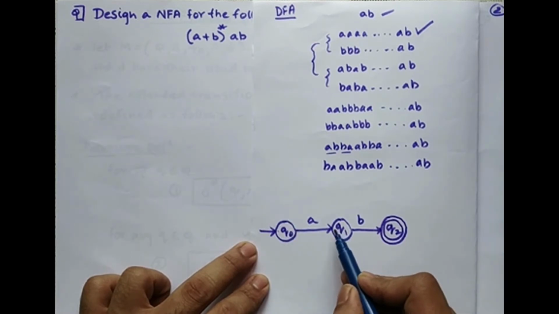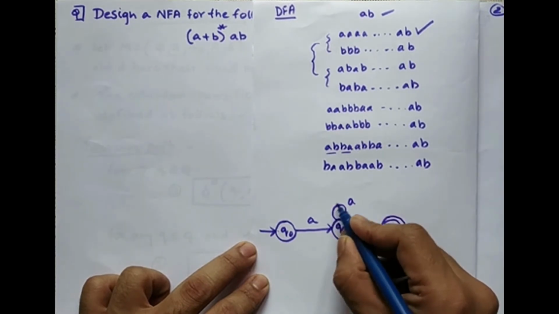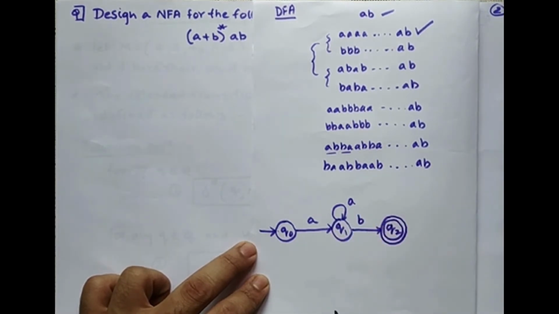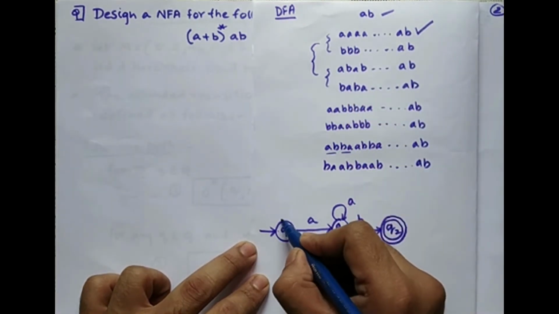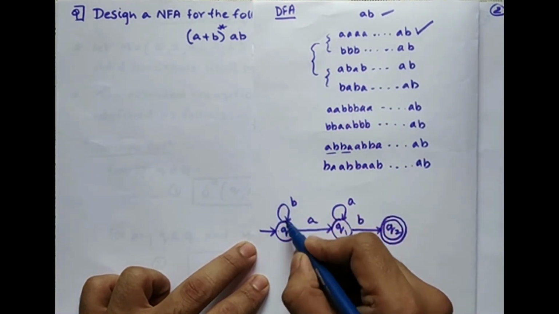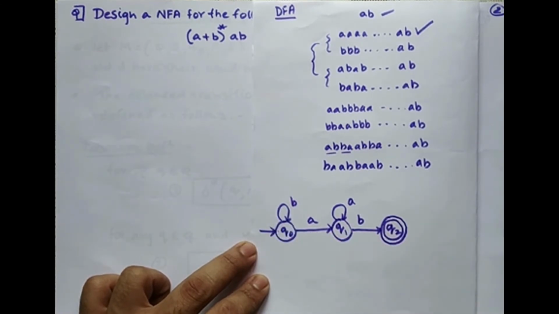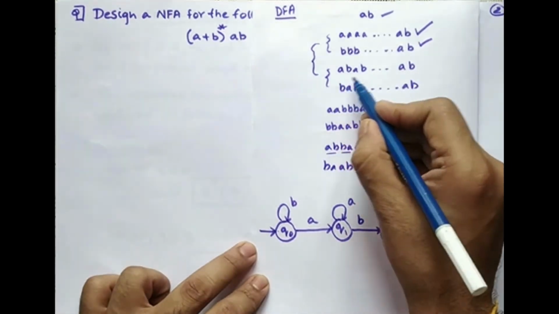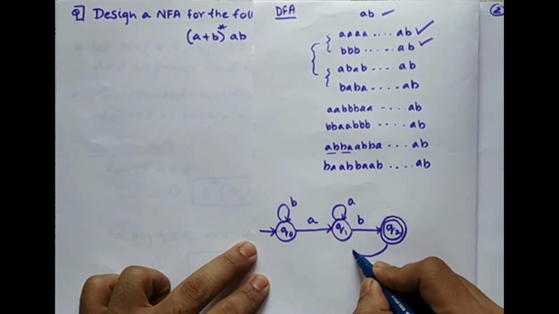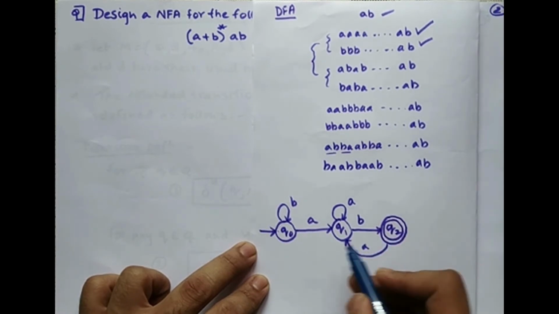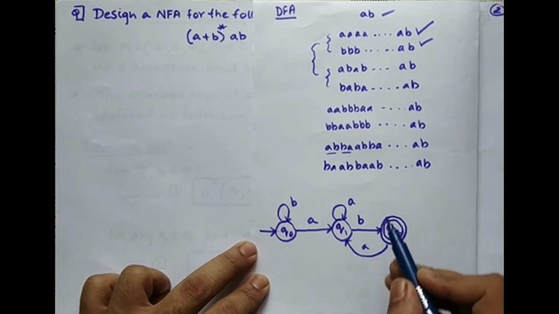Let's see whether we can have a self loop here. A, yes, then n number of A's ending with AB, accepted, right? Then n number of B's ending with AB. Now I can have a self loop here, single B, n number of B's ending with AB, accepted. Then AB ending with AB, so A, B, then I can just have a loop here, ending with AB, accepted.